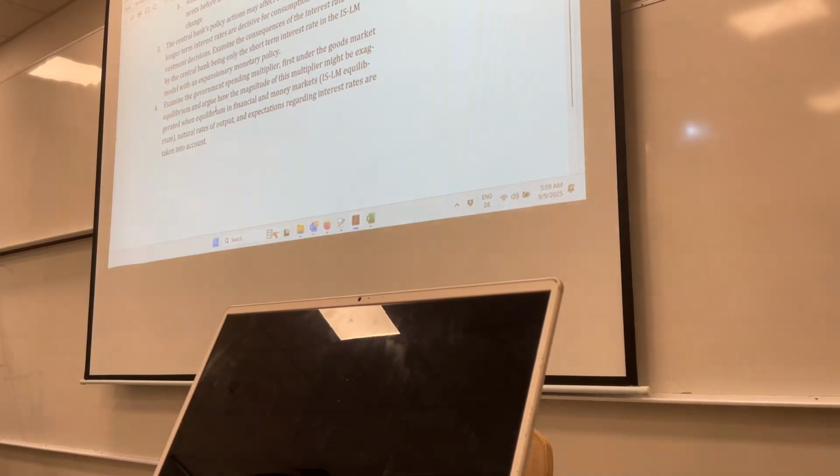Let me start with Z as a function of many things, but now we want to look at it as a function also of interest rates. It's Z at I0.